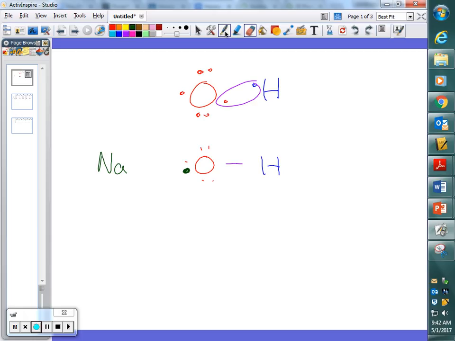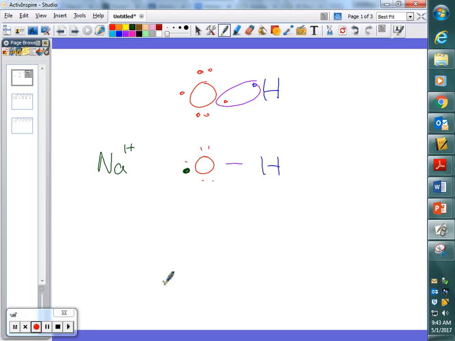So, back when we talked about ionic bonding, we know now that sodium has a positive charge. It lost an electron, it's become a cation. Good. So that's positive charge.